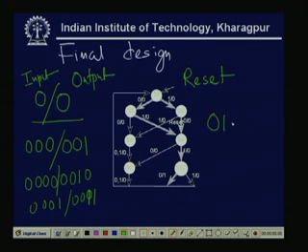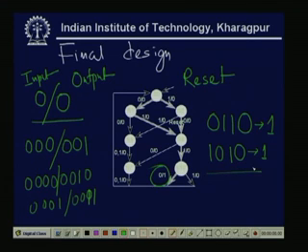So, this is 0 1 1 0, then it will give a 1 output. And if you consider 1 0 1 0, again this will be a 1 output, 1 0 1 0, this will be a 1 output.